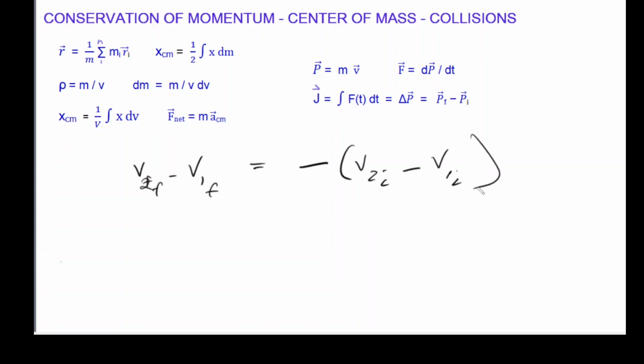So the relative velocities of the second and first mass are the same after the collision except for the opposite direction.